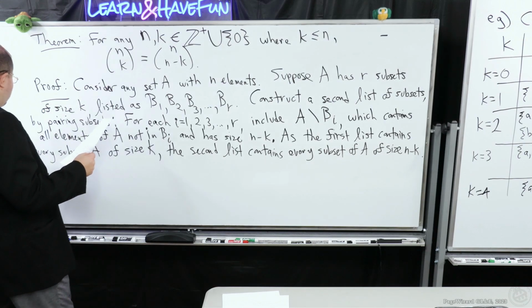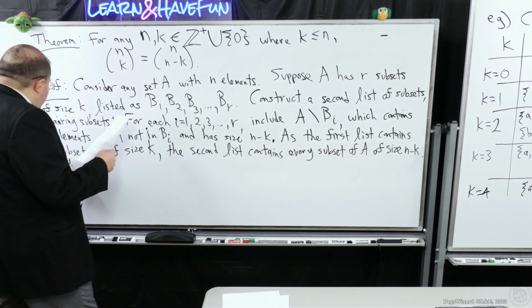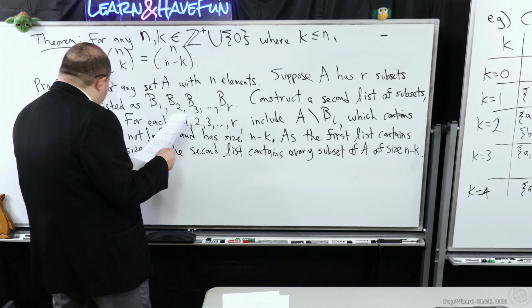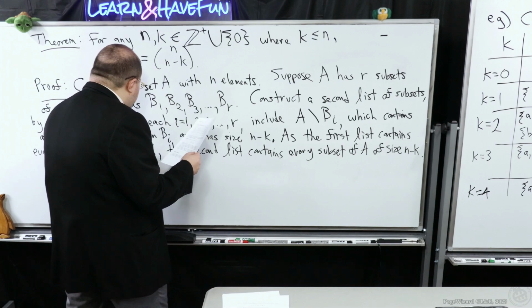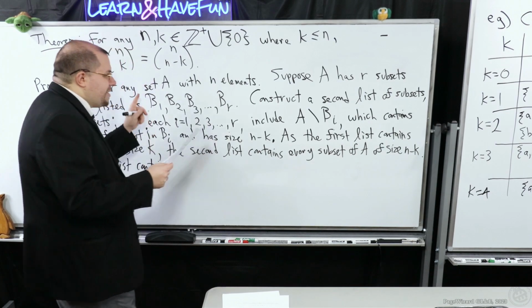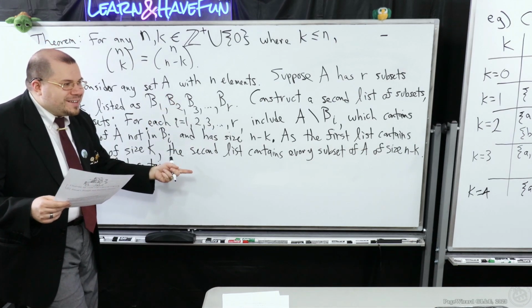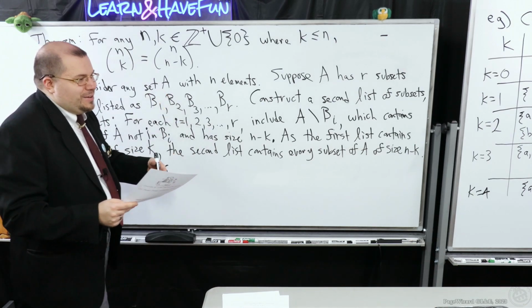So now this is where I just point my finger at things and say there's this many in this one list, there's that many in this other list, so they have to be equal.